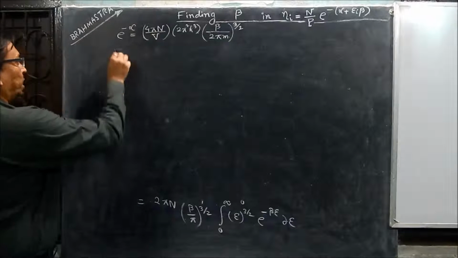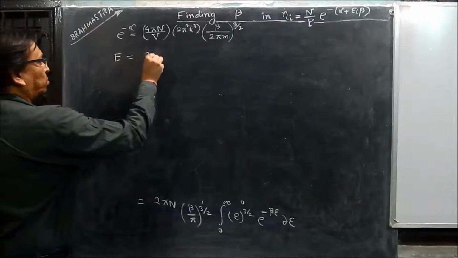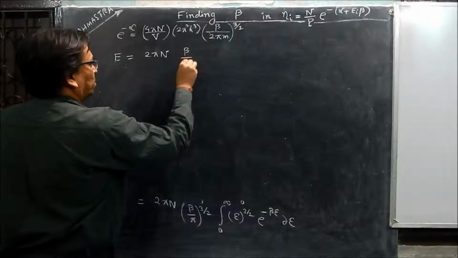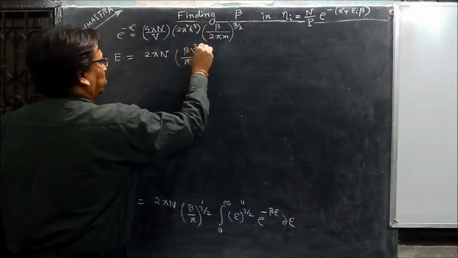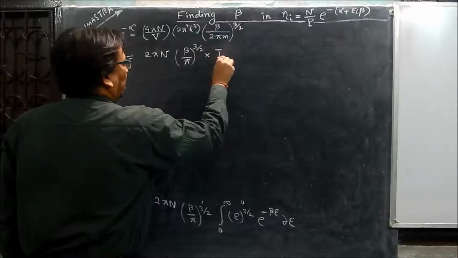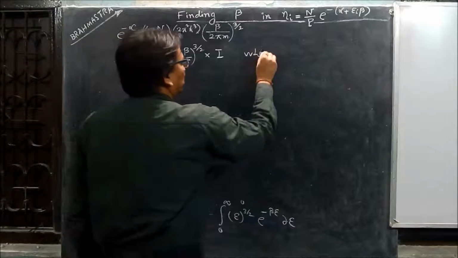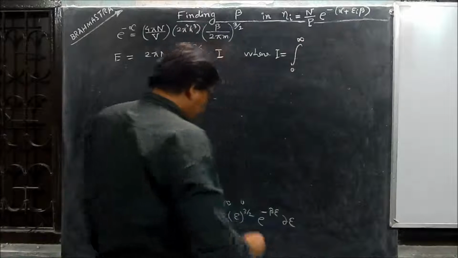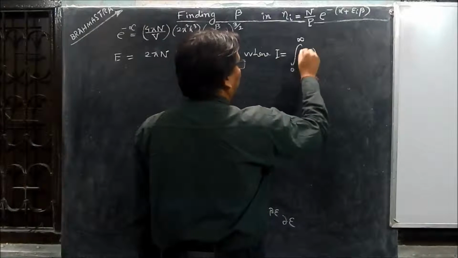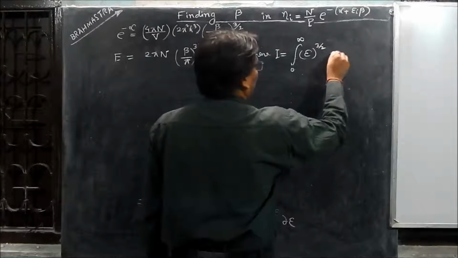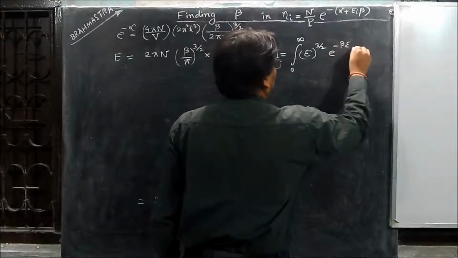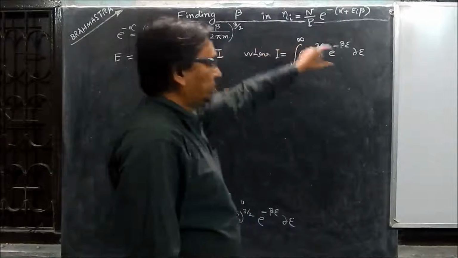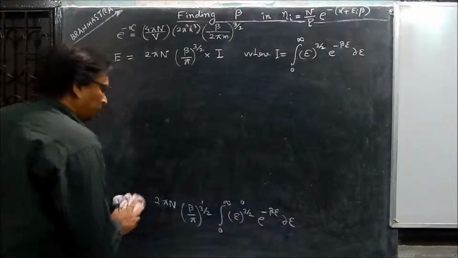So the value of E is equal to 2 pi n, times beta by pi whole to the power 3 by 2, into I, where this I is equal to the integration from 0 to infinity of epsilon to the power 3 by 2 e to the power minus beta epsilon d epsilon.